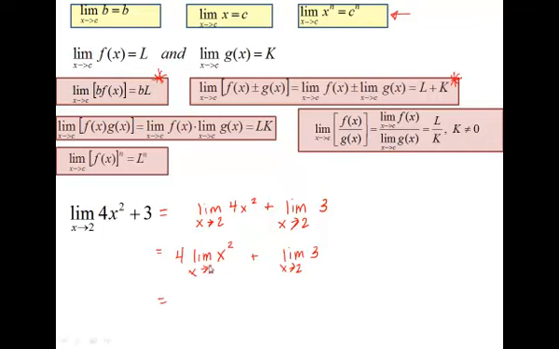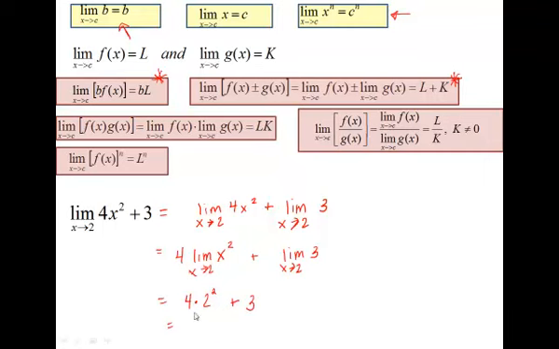So here I take this c and plug it into my function. This is one of those cases where you can just substitute it in. So I get 4 times 2 to the second, plus, this is what we just explored, the basic limit: if you have the limit of a constant, it's always going to be that constant. It's just going to be 3.